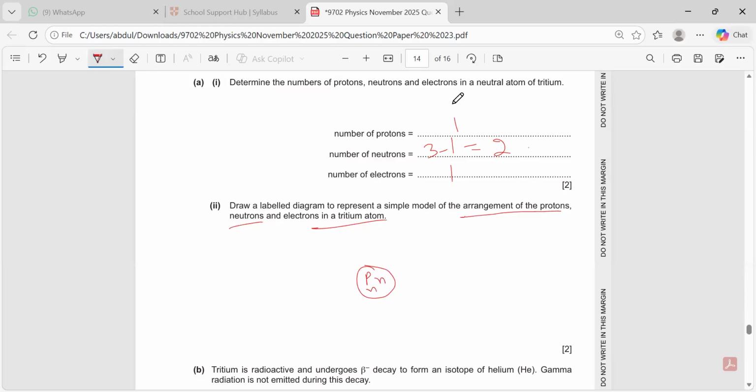That is the nucleus. See, neutrons are 2. So 1 proton, 2 neutrons in this way. Or arrangements of proton, neutrons, and electrons. Okay. Then there can be 1 electron orbiting around the nucleus.